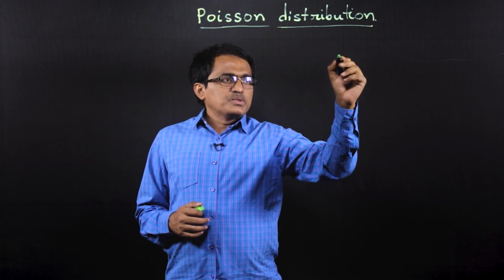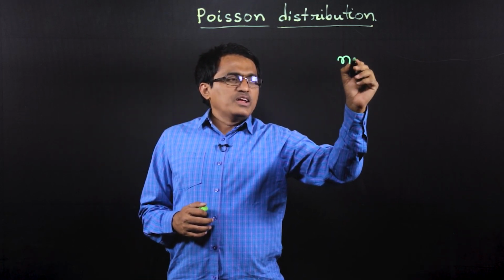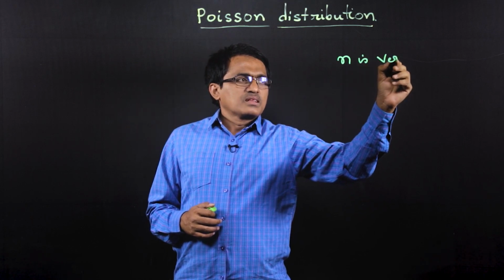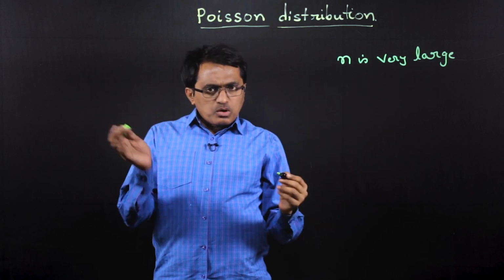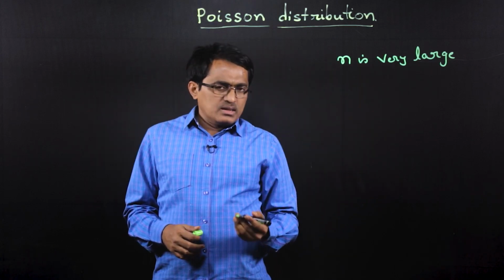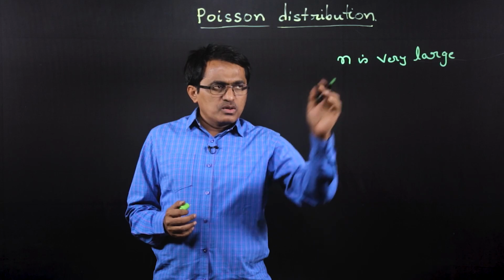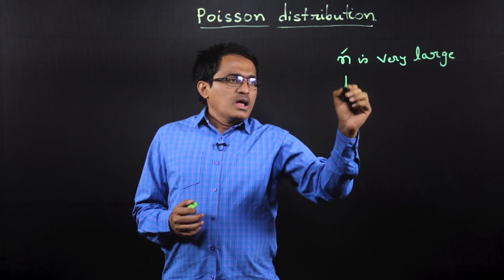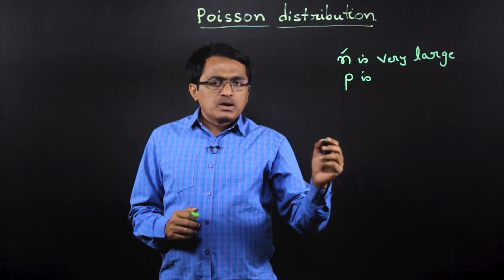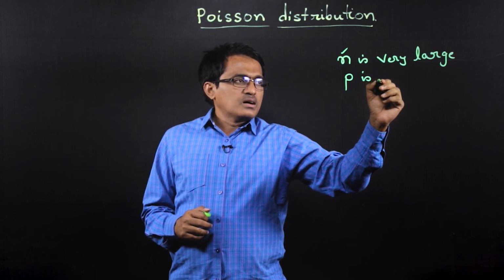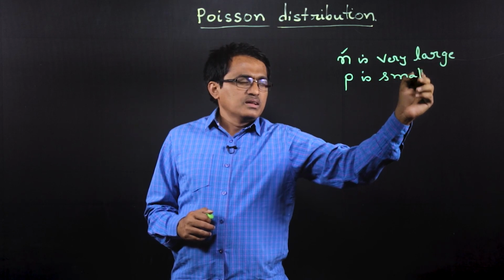Suppose in binomial distribution, n is very large, that is one scenario, or there is no clue about the value of n, that is, there is no upper bound for the value of n, and the probability p, like what we have been discussing with respect to binomial distribution, is a small quantity.